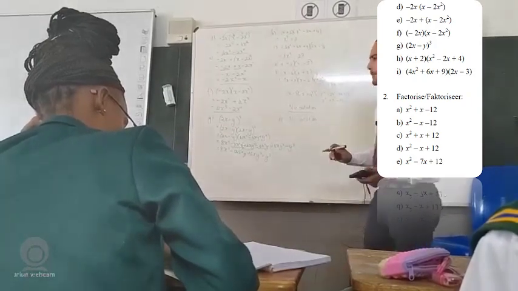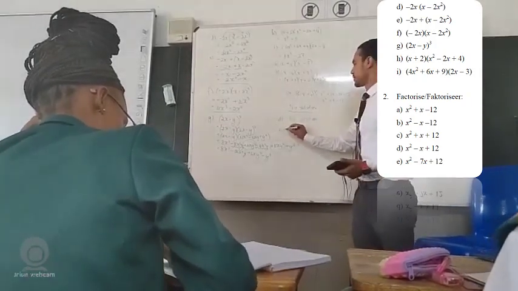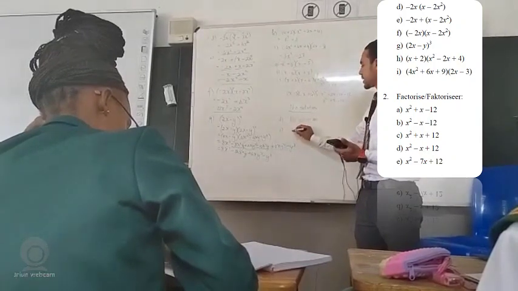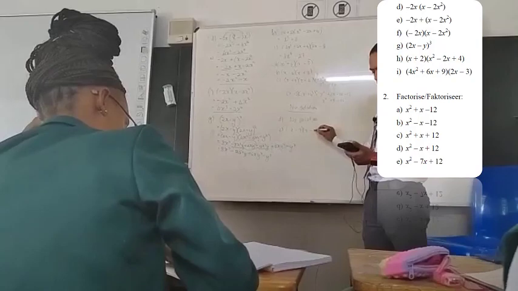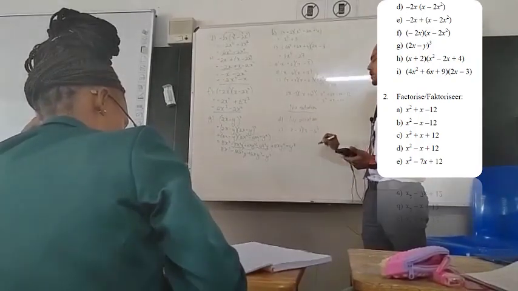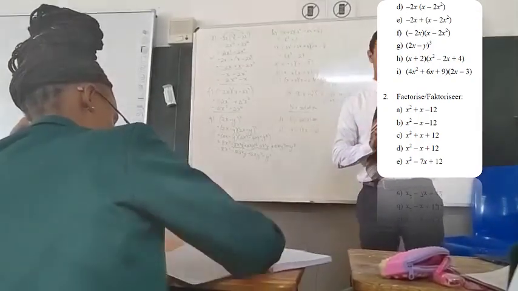Number E. Alright, Melvin says it's x minus 3 and x minus 4. That sounds about correct. Thank you, Melvin.